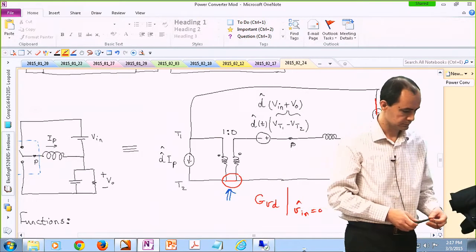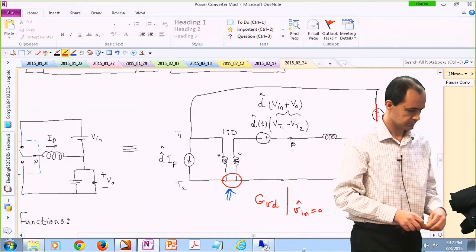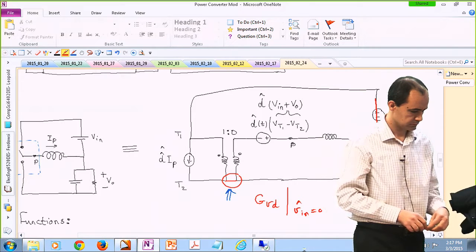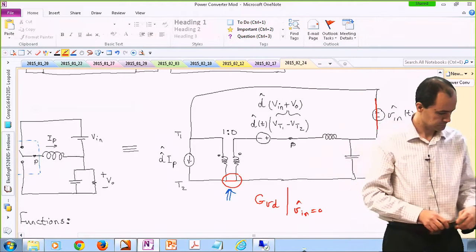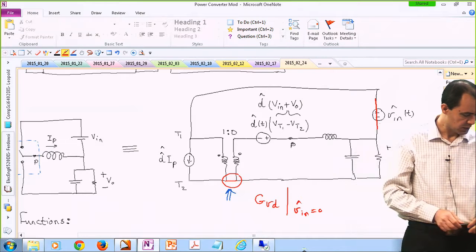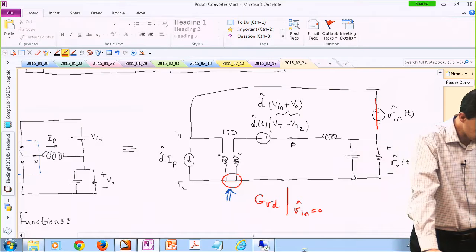To get a canonical form, do I have to substitute the duty cycle, or D over 1 minus D, for Vn? To get it to canonical form, Vn is not part of any of those equations.